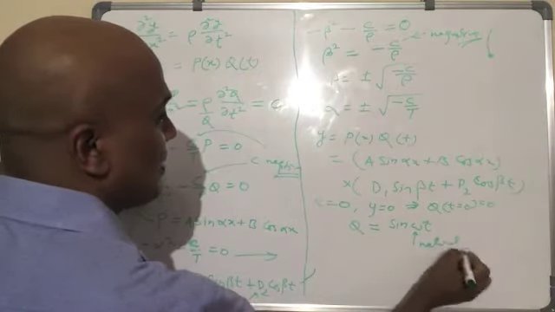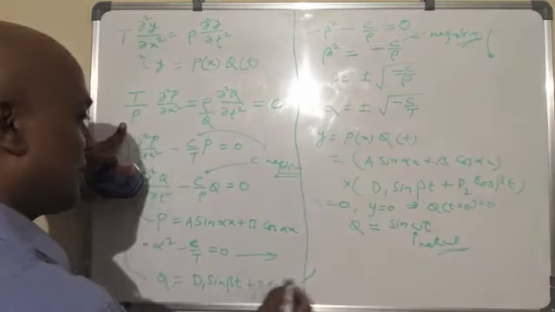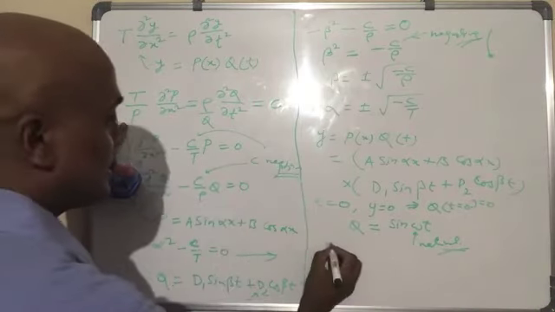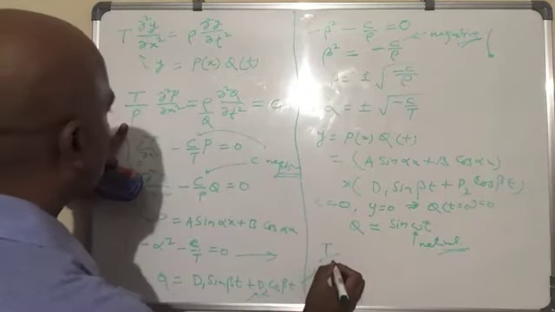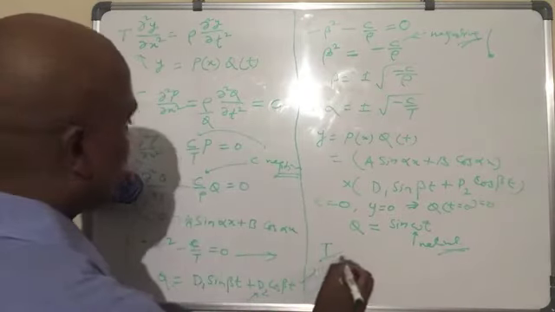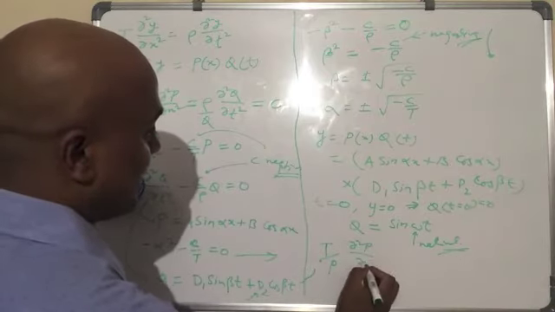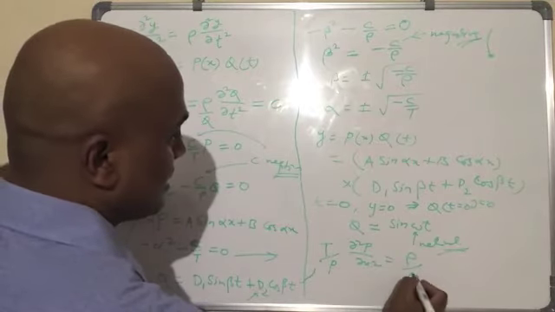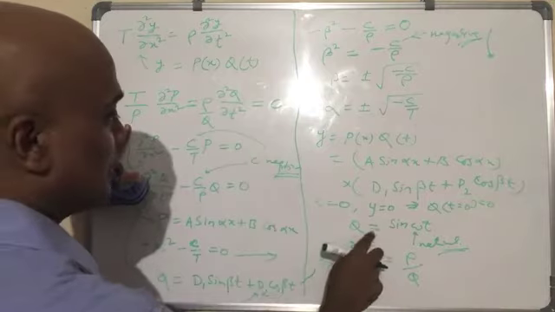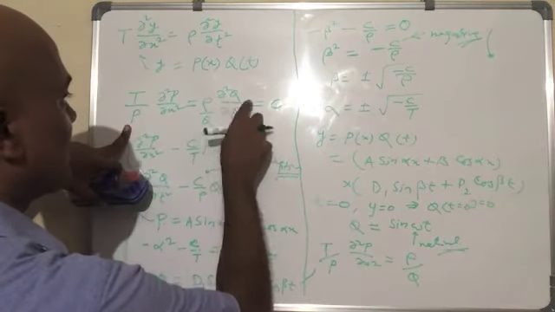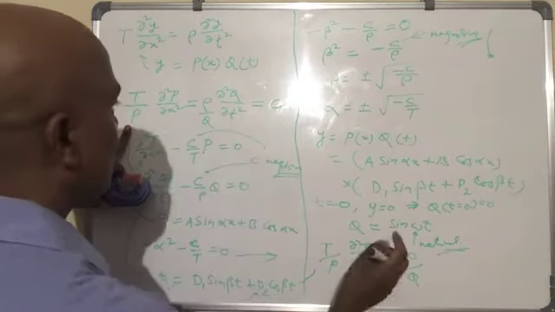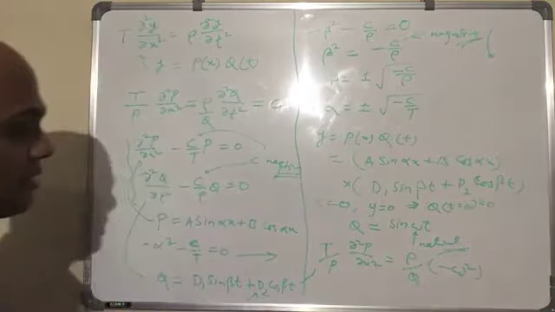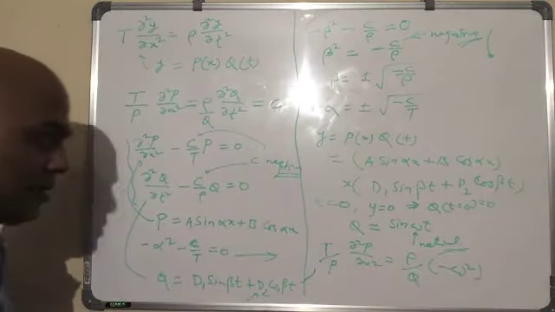So instead of beta, we can replace beta with omega, and what we get here is T over p del square p over del x square equal to rho over q, and then if q equal to this one, then del square q over del t square divided by q will be equal to nothing but minus omega square, simply. Okay.